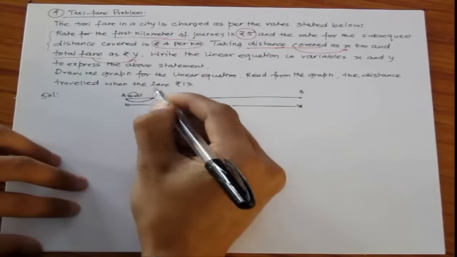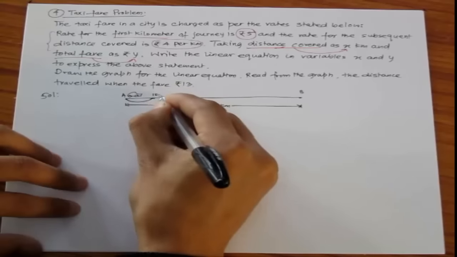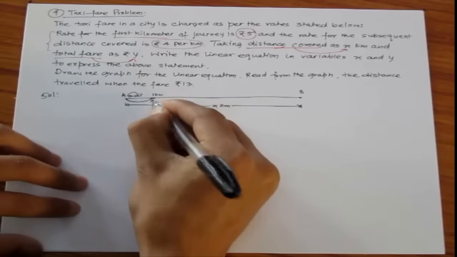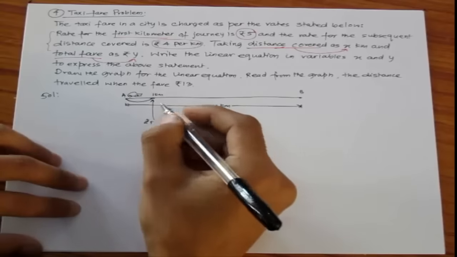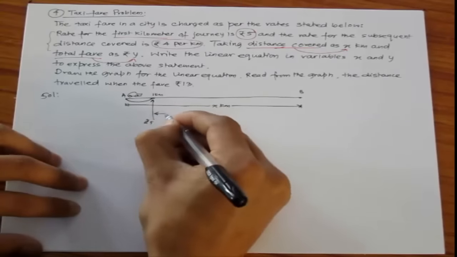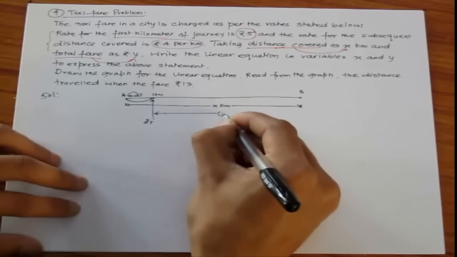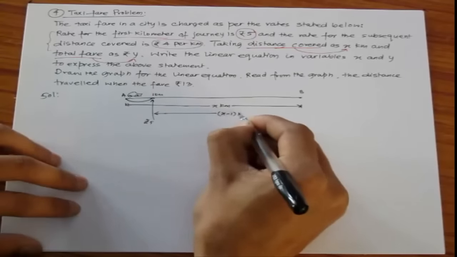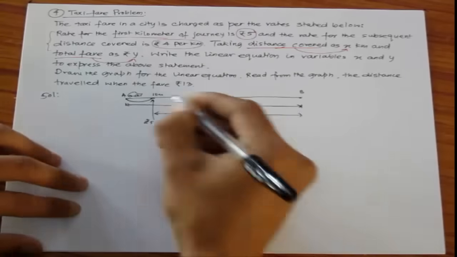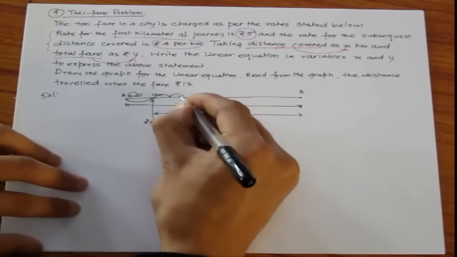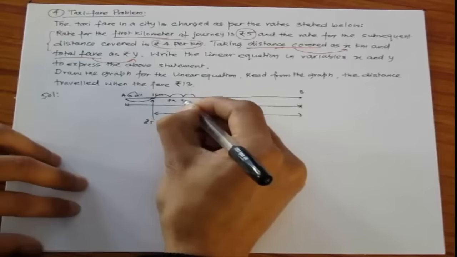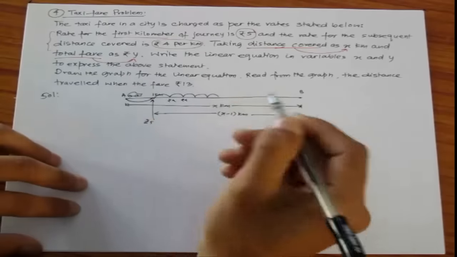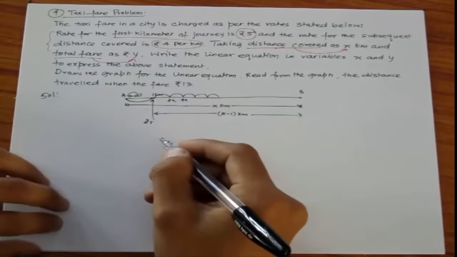Suppose here you have covered 1 kilometer. For the first kilometer you are going to pay ₹5, right? So how much distance is left after the first kilometer? Total is x, so x minus 1 kilometer, and for each remaining kilometer you are going to pay ₹4, and so on.